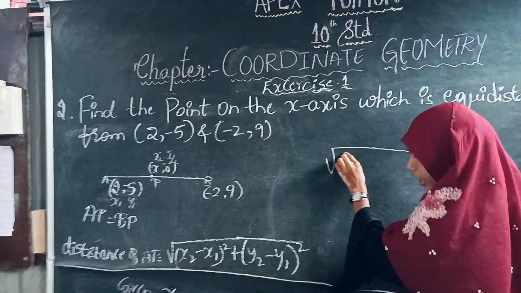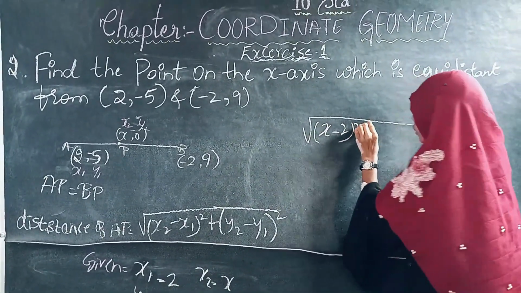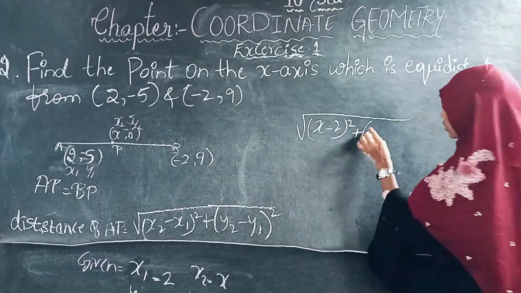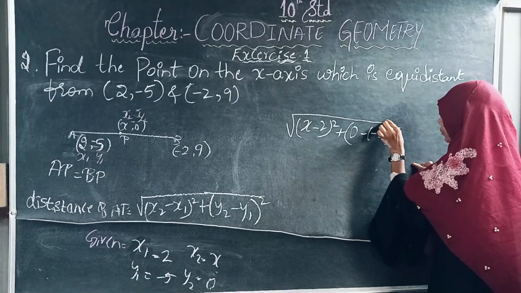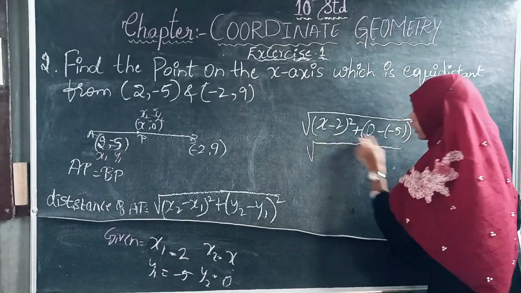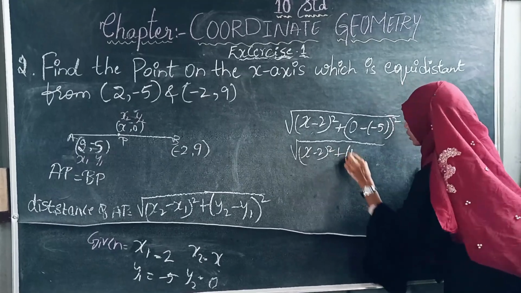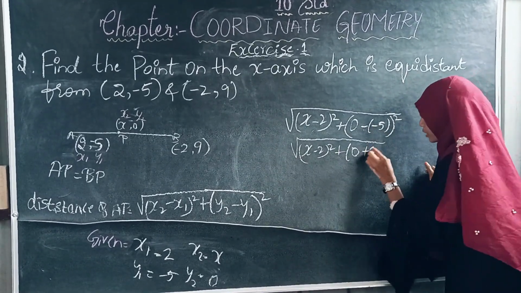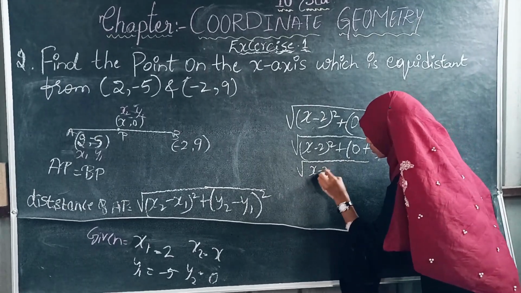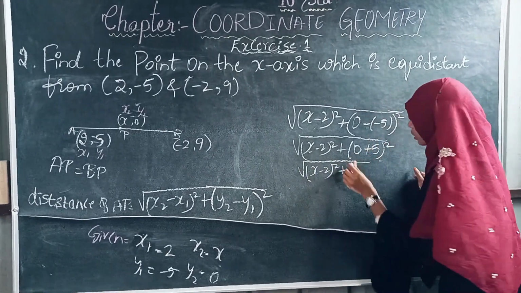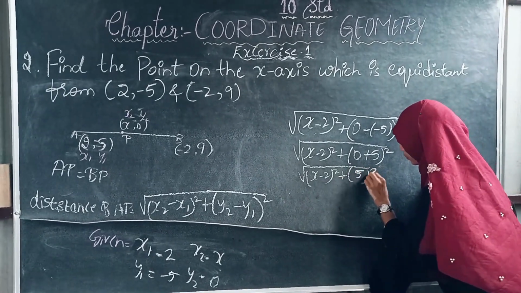Root of (x minus 2) whole square plus (0 minus of minus 5) whole square. Root of (x minus 2) whole square plus (0 plus 5) whole square.